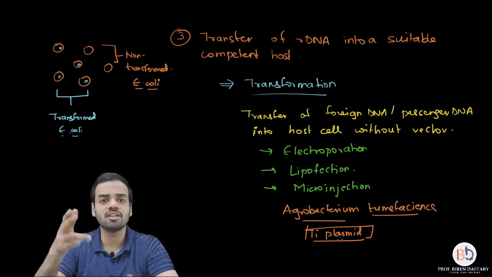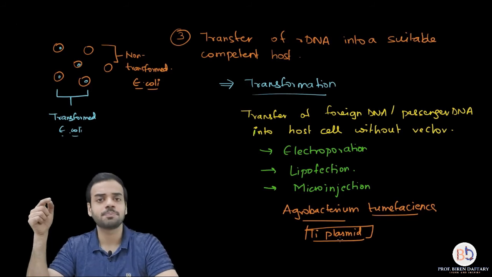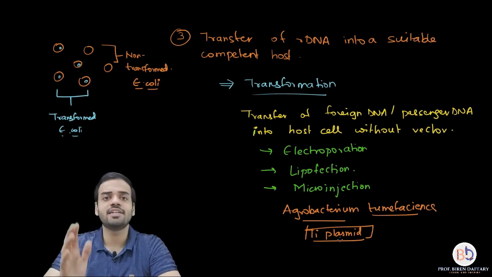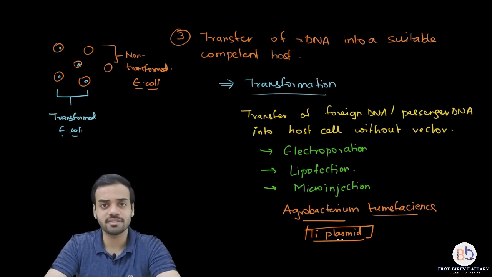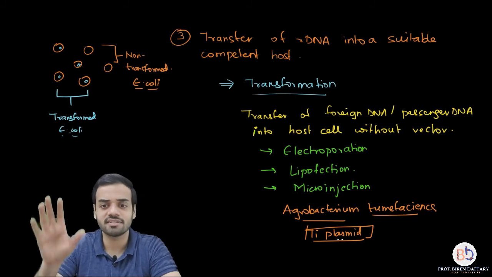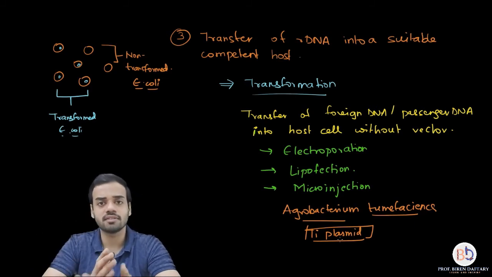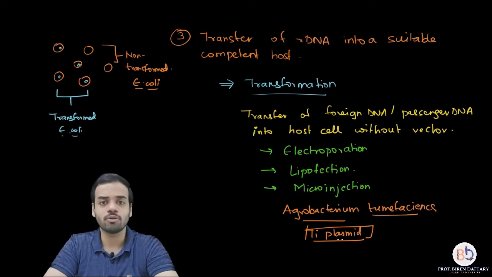Okay, there is a gun method also, in which a gun bombards the required gene directly into the host cell. So all these methods are there, but anyway, for this lecture we are going to consider that we are using a vector. Okay, these are just the methods given. So I hope this third step is clear, transfer of recombinant DNA into competent host cell.